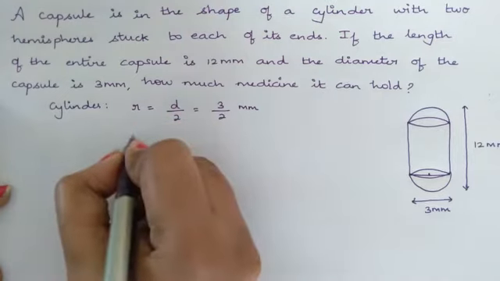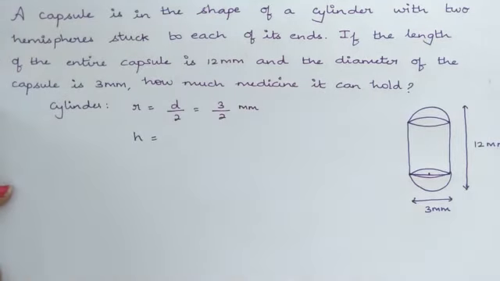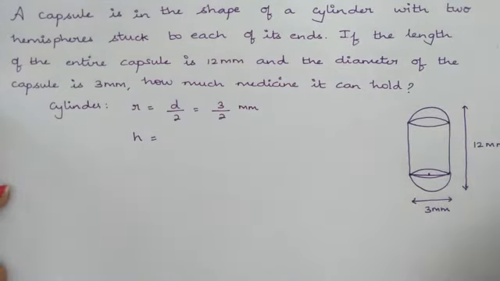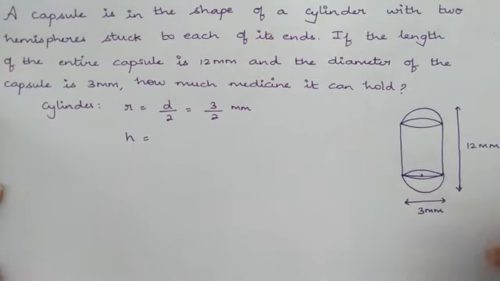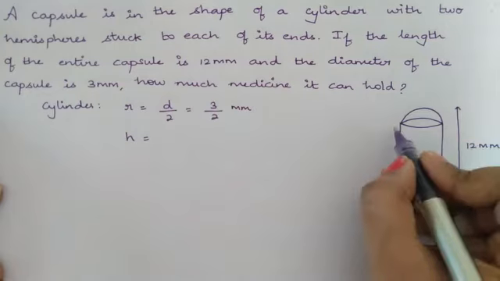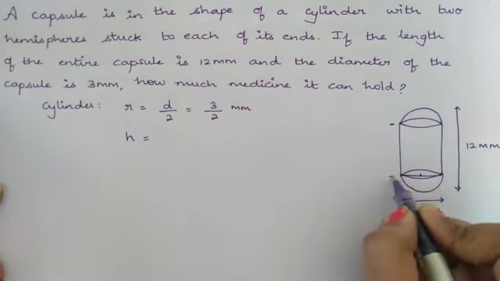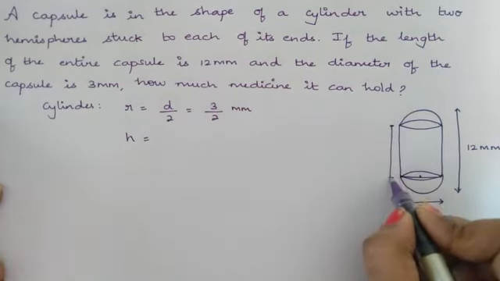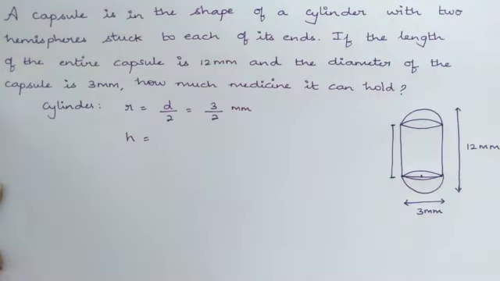Next, we are going to talk about the height of the cylinder. When we are talking about the height of the cylinder, we are given 12 millimeter. What is this 12 millimeter actually? This is the height of the entire capsule. Where is the cylinder? From here till here, this is the cylinder. So this will be the height of the cylinder as well, yes or no?